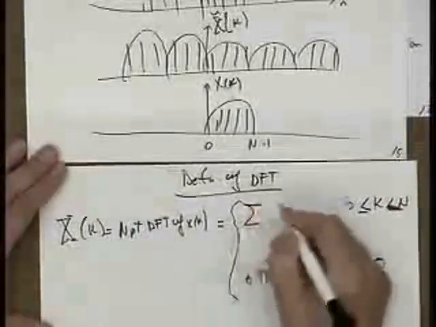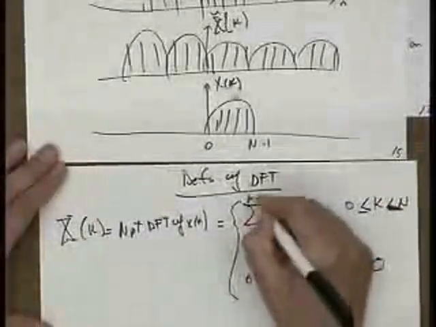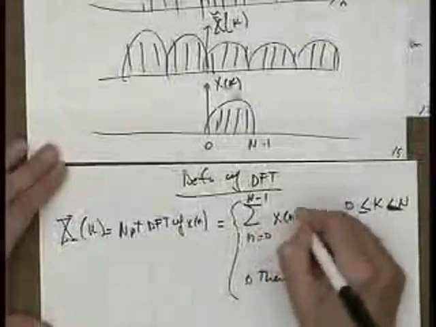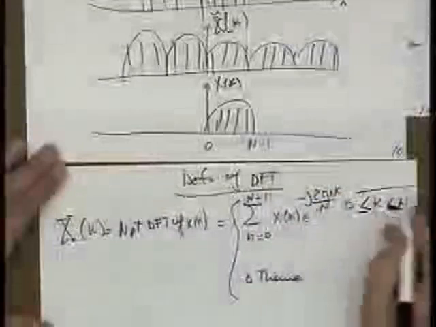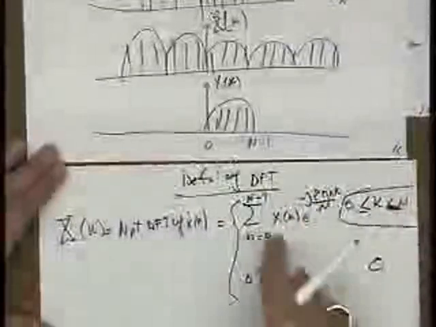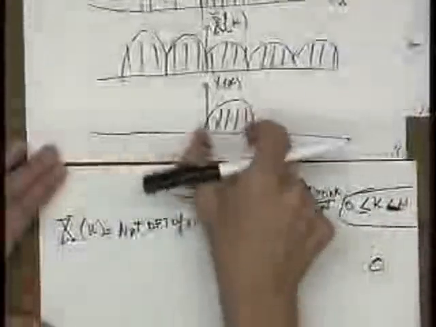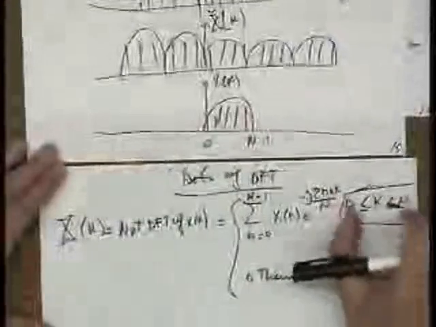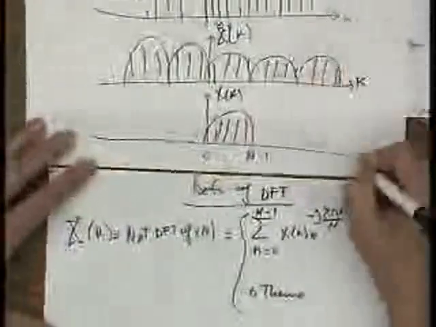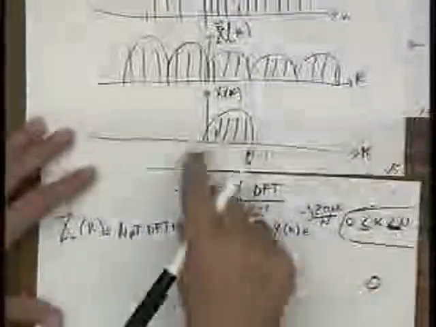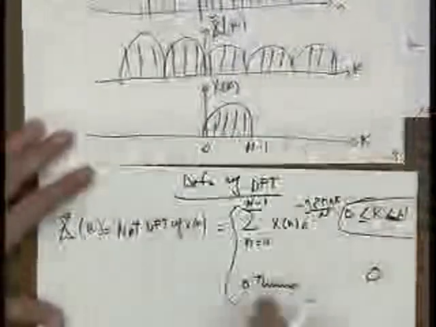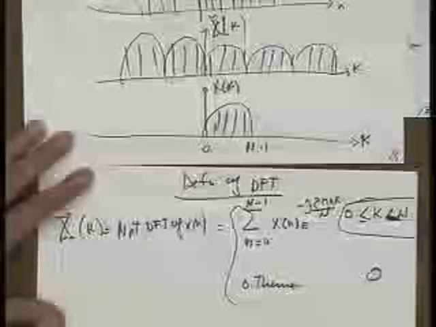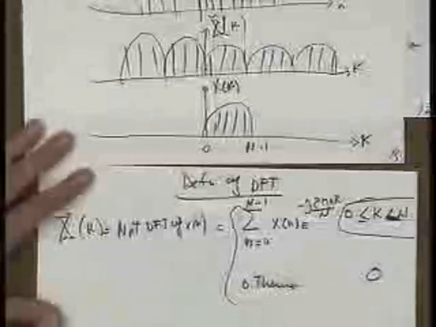And that thing is just summation from n equals 0 to N minus 1 of x of n e to the minus j 2 pi nk over N. It's the same expression as we had before for the discrete Fourier series, but because I'm only extracting one period, that's only true for k between 0 and N minus 1. Not for all these other k's, because I'm not keeping these guys. I'm just keeping one period, and it's 0 for all other values of k. That's it.